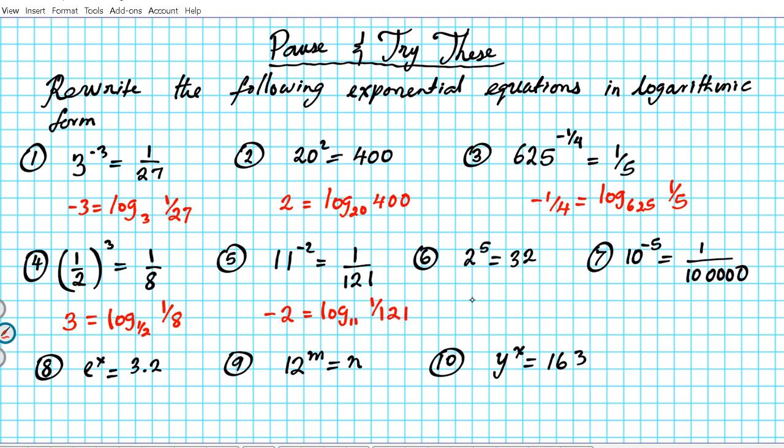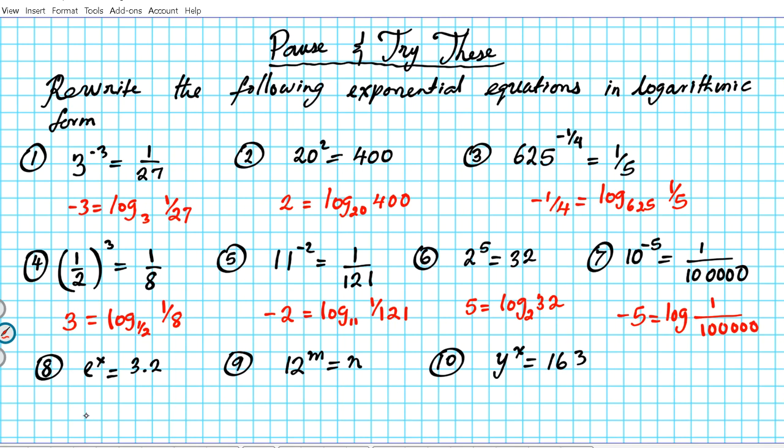For number 6, 5 is equal to log base 2 of 32. For number 7, negative 5 is equal to the common log of 1 over 100,000.